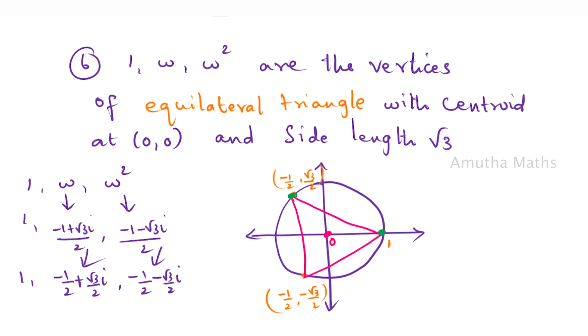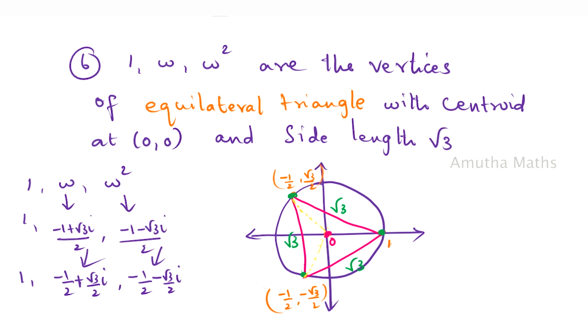Now if you find the distance between these two points, that will be root 3. And if you find the distance between these two points, you will get root 3. And this side will be root 3. Now, if you join this point and the origin, and this point and the origin, what will be the angle?